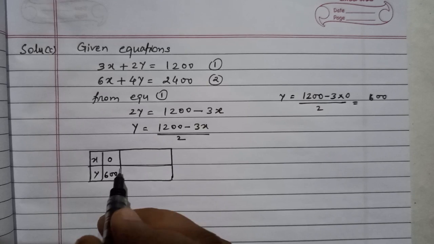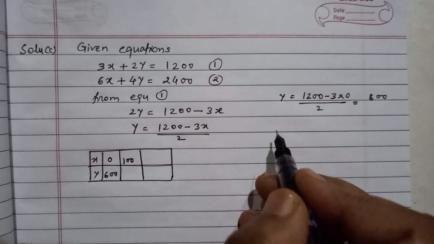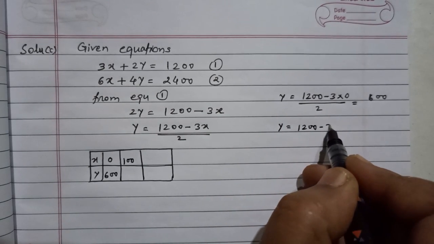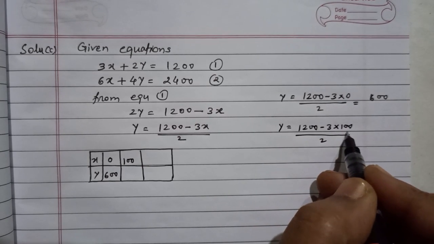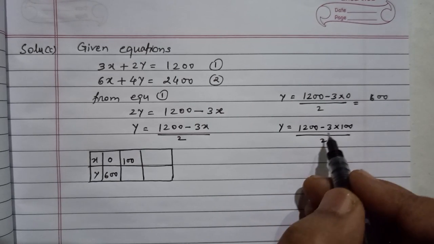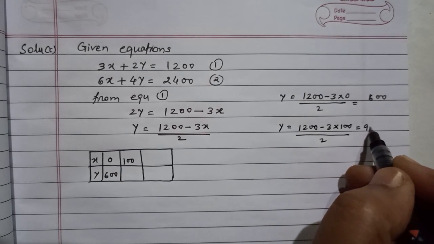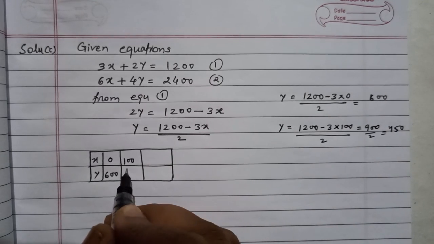Suppose x equal to 100, y is equal to 1200 minus 3 into 100 upon 2. 3 into 100, 300. 1200 minus 300 is 900 upon 2 is equal to 450.